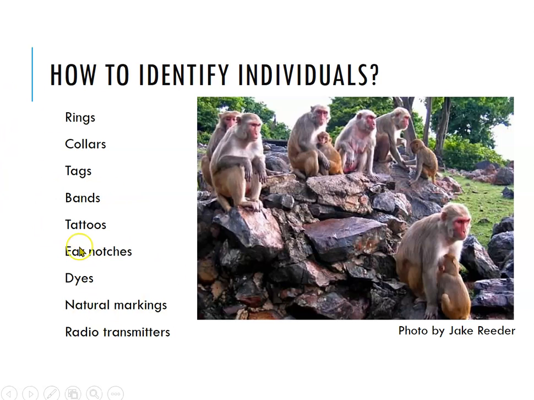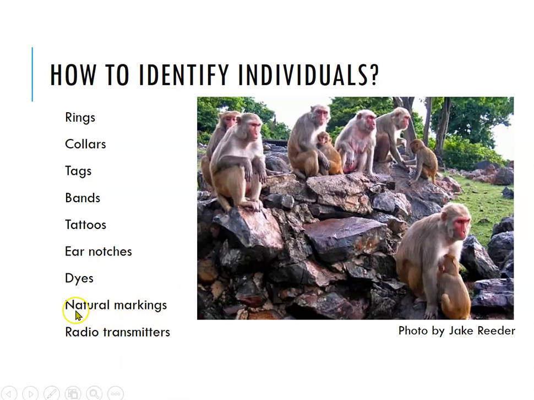We'll also do fin notches when we're looking at fishes. Dyes can be either hair dye if we're talking about mammals, or often in fish and in turtles, we use elastomer tags. They're almost like little pieces of plastic that go just slightly under the skin, and they're bright colors so you can tell individuals apart.